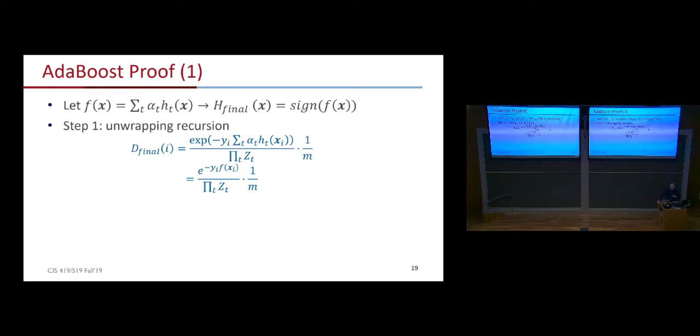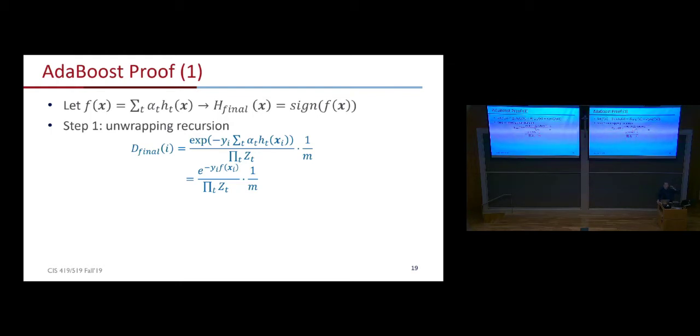So the first one is basically unwrapping the recursion. So I want to write an expression for the final distribution of an example i. The intuition that you want to have here is that I'm starting with uniform, and at the end, those examples that I made a lot of mistakes on are going to have high weight, because I really want my weak hypothesis to focus on them and get them right.